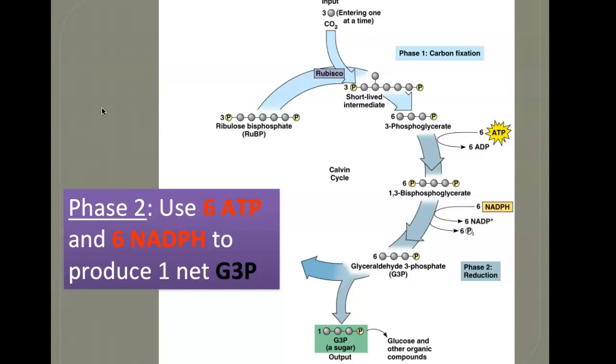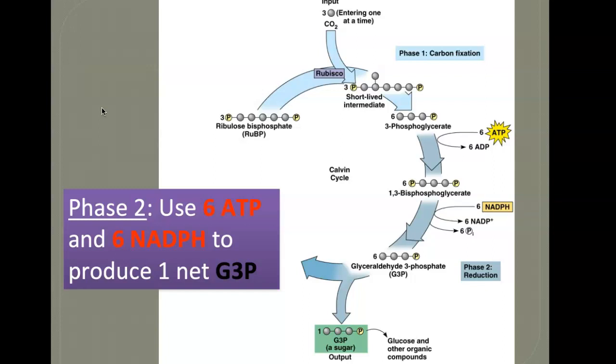Okay, so you don't have to know all the crazy intermediate names of these molecules for the reduction phase, but what you do need to know is that this is where ATP is being used and the NADPH is being used.